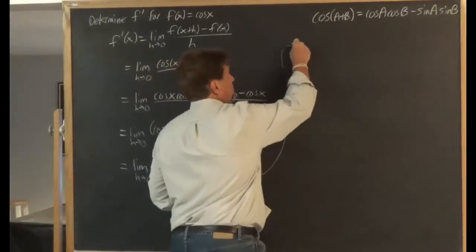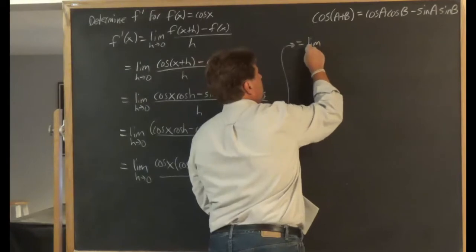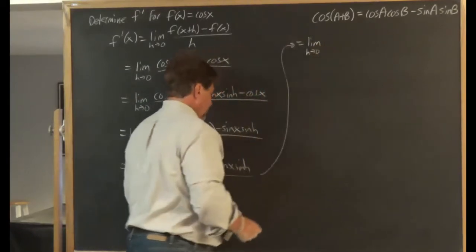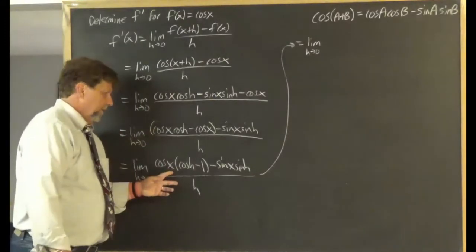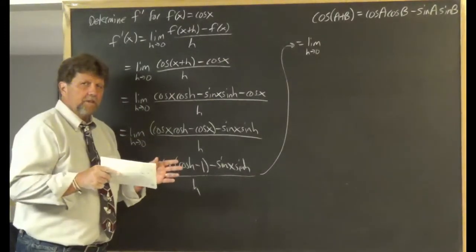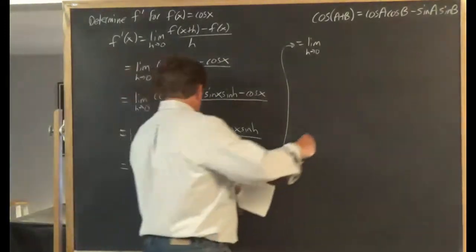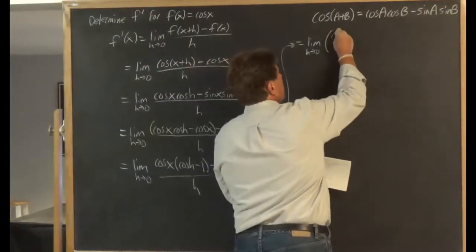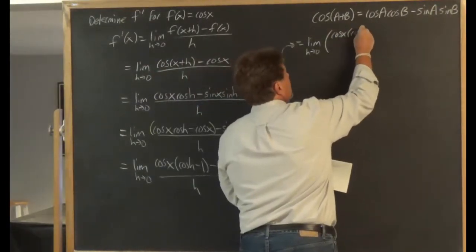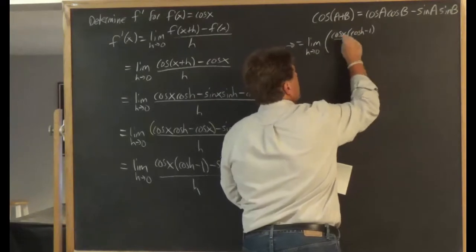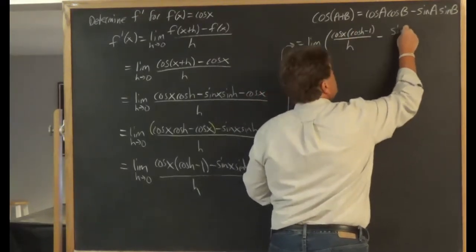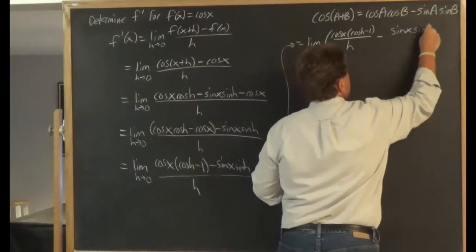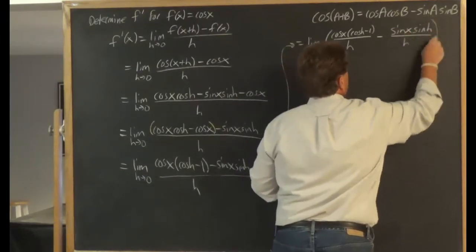So pulling the problem up here, I'm now going to rewrite this as two fractions: cosine x, cosine h minus 1 over h minus sine x, sine h over h.